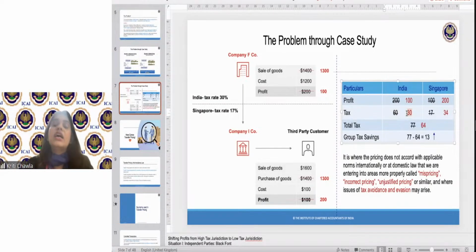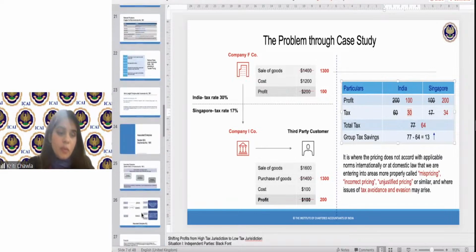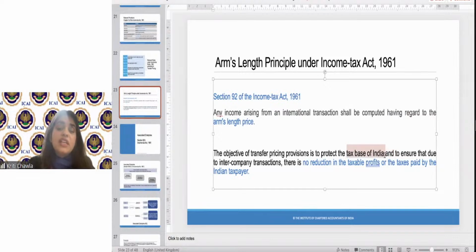This is the reason India has introduced transfer pricing provisions, so as to make sure that the tax base of India is protected and there is no reduction of taxable profit, or of the taxes that are paid by the Indian taxpayer. This is provided in section 92 of the Income Tax Act.